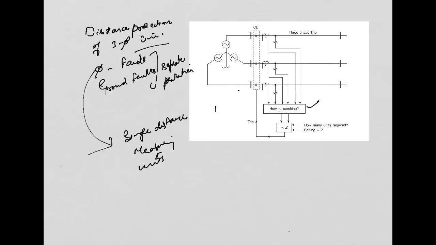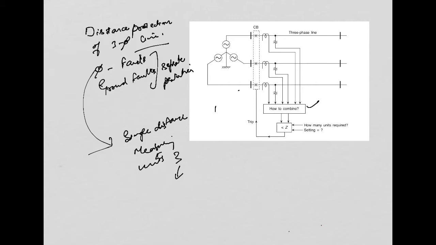That is, the number of measuring units is 3, and they will cater for 7 faults. Namely, what are the 7 faults?